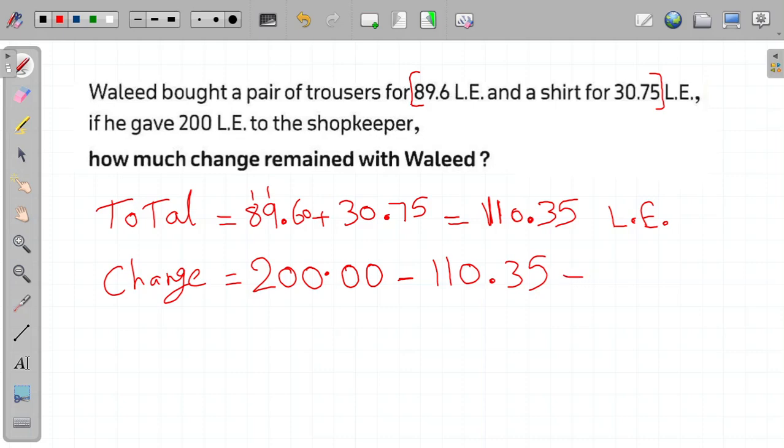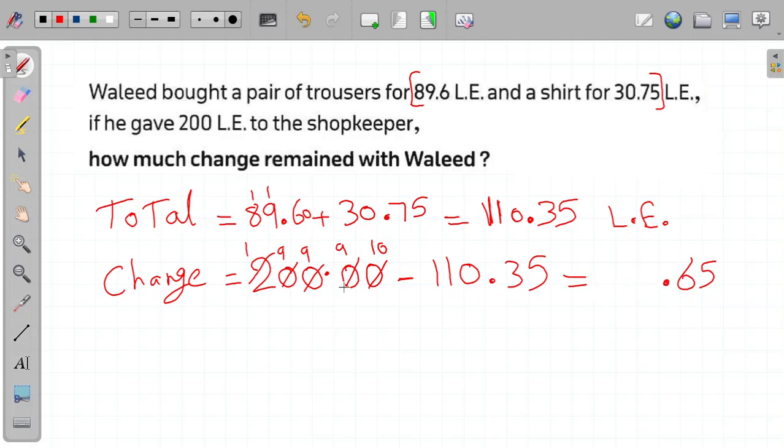110.35. Here 0 minus 5, it can't be, so I will borrow from the next digit. So I have here 2, it will become 1, and 0 becomes 9, 0 becomes 9, 0 becomes 9, and here 0 becomes 10. So 10 minus 5 equals 5. 9 minus 3 equals 6, and I will put the decimal point.